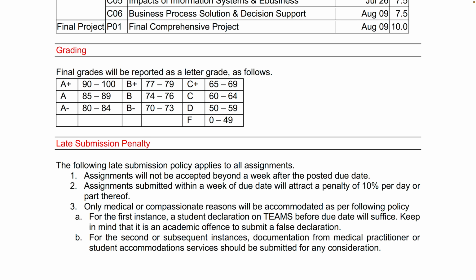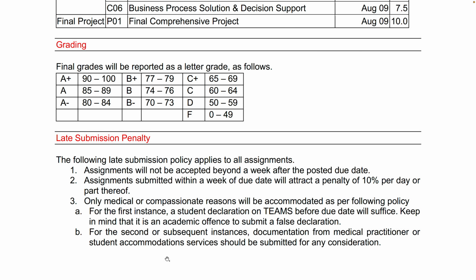Let's talk about the scheduling. You can go ahead of the schedule at any point of time in case your group members agree on the majority of the assignments.